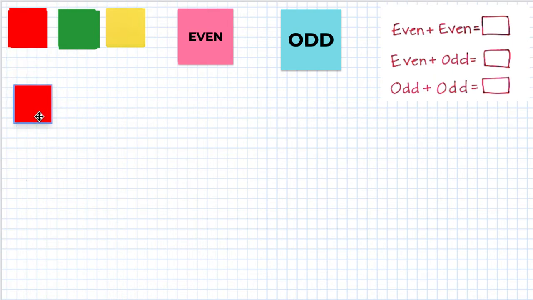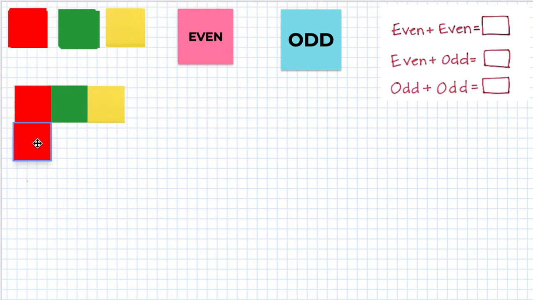So watch as I do that. Here's my first row, and remember that our tiles touch, but they do not overlap. All right, so here I have my array, which is 2 rows of 3, which gives me a total of 6.